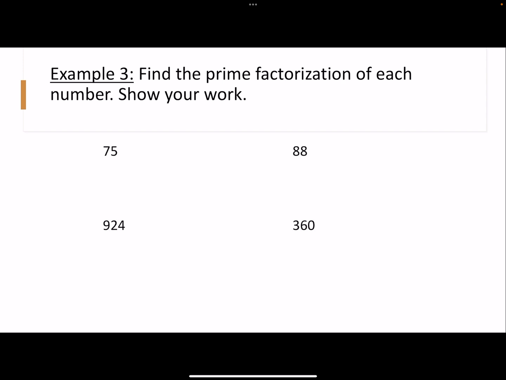All right, so let's look at some more examples. Find the prime factorization of each number, show your work. So if I begin with 75, first thing that I think of is 25 times 3, and that's 5 times 5, and so I end up with 5 squared times 3. 88, I'm not sure how I broke it down in my notes, but I'm going to come up with the same prime factorization regardless.